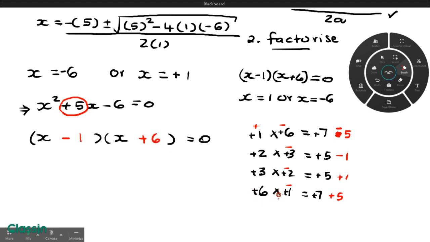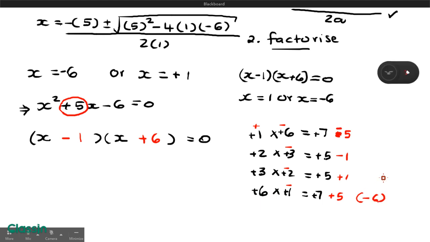Because when we multiply positive 6 by negative 1, we get negative 6. And even here, when we multiply, we get negative 6. When we multiply there, we also get negative 6, and here too. So when we multiply, we get negative 6 throughout.